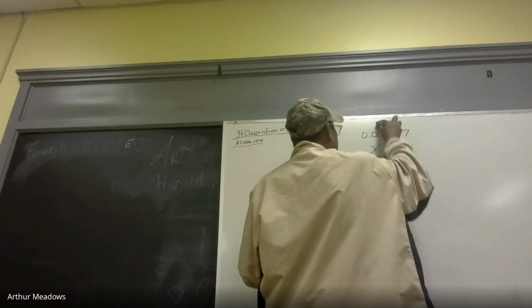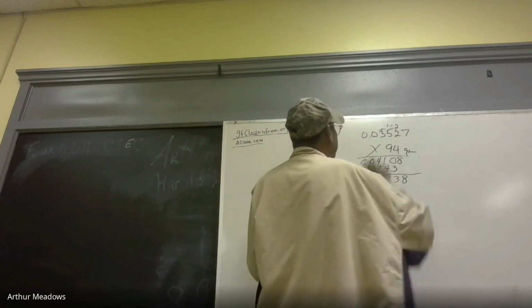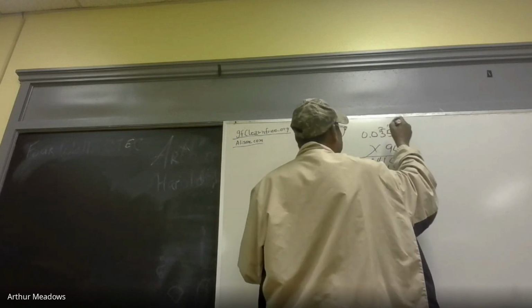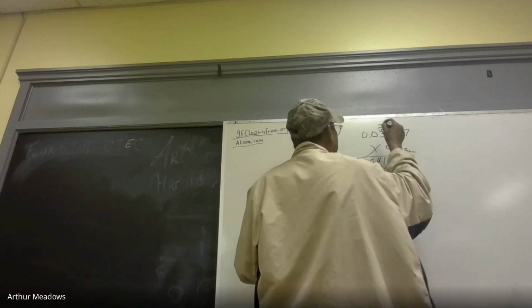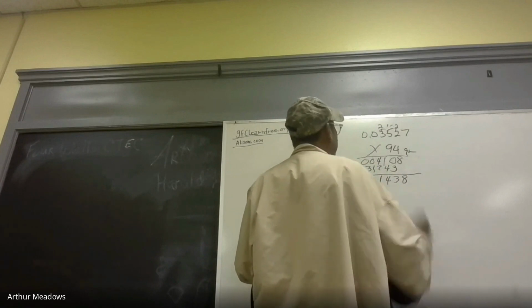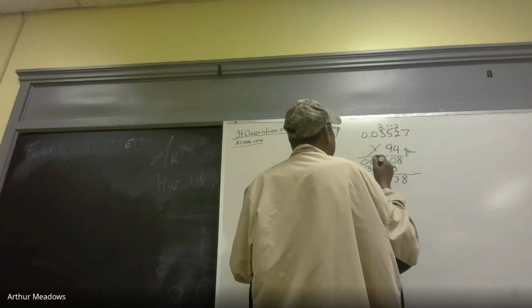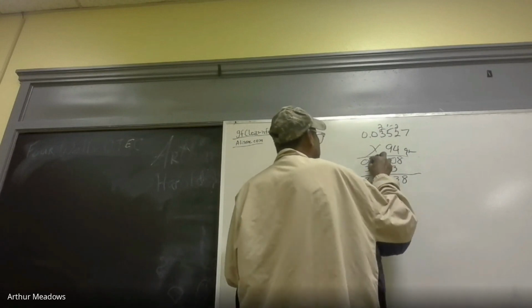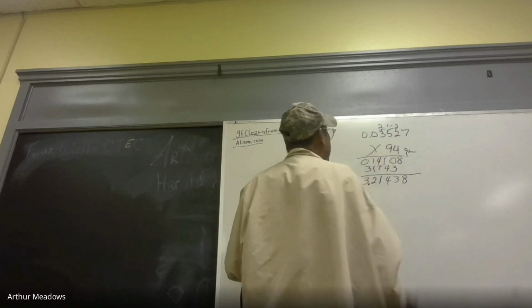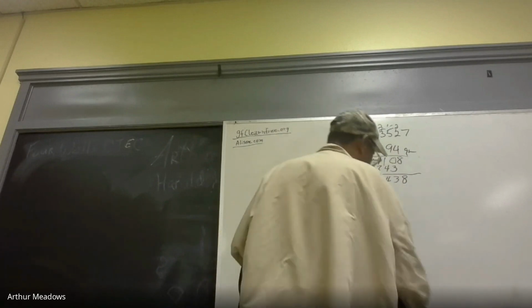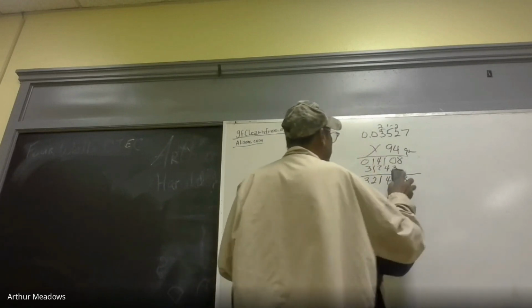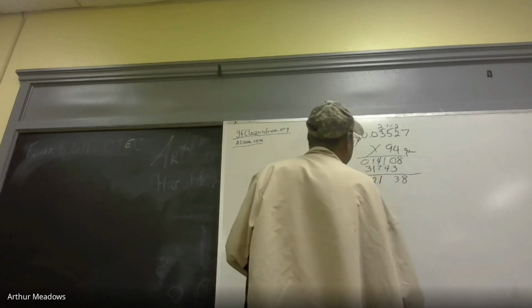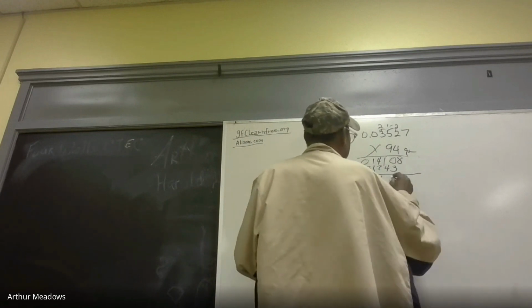This should be a 2 here. 2 left over. 4 times 3 is 12. That's 14. There it is. So 6, 3, 5. That's 5.